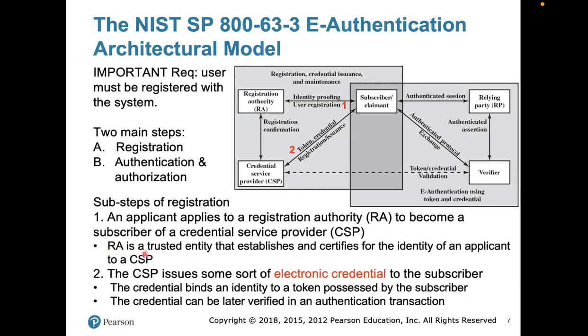A registration authority is a trusted entity that establishes and certifies the identity of an applicant to a CSP, or credential service provider. Sorry, CSP. We have cyber physical system as well, which I normally use a lot in my other classes. That's why I got confused.